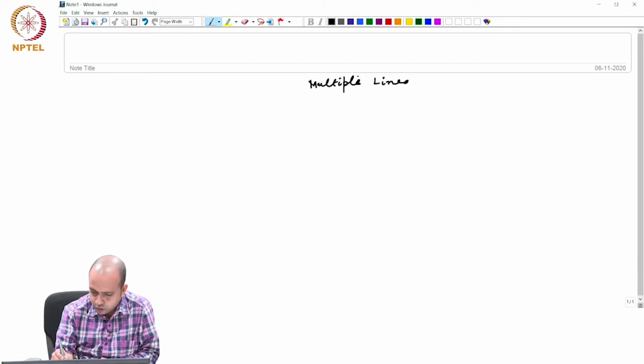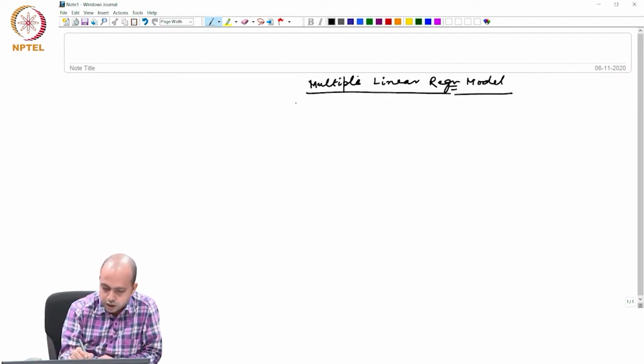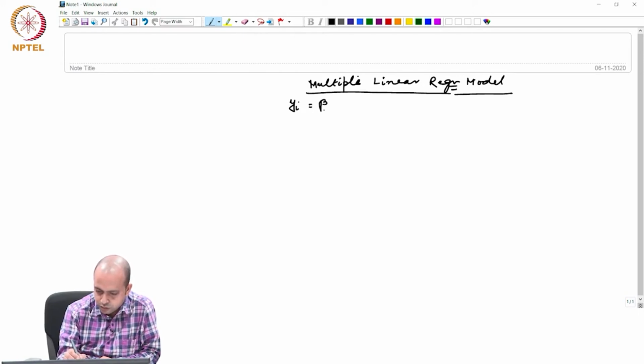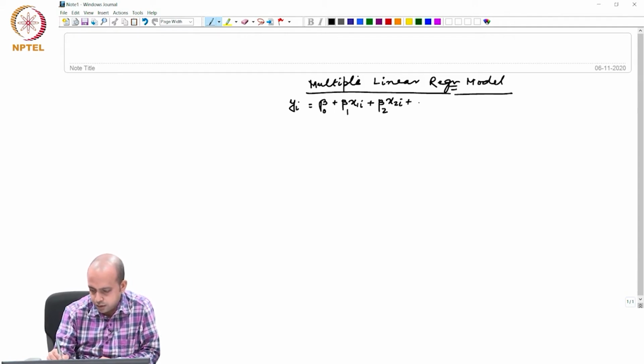Our model was something like this: yi equals beta 0 plus beta 1 x 1i plus beta 2 x 2i plus, and so on up to, beta k xki plus ui.